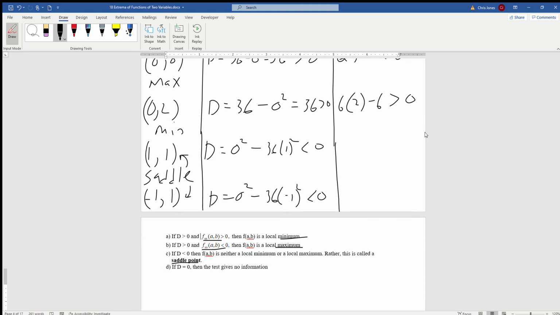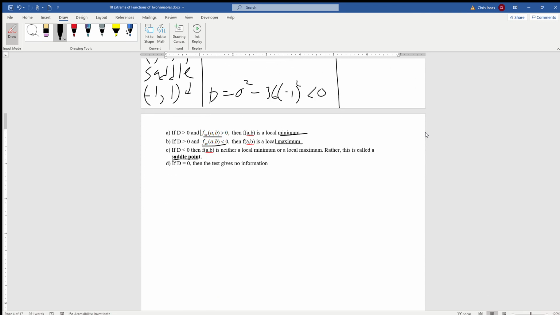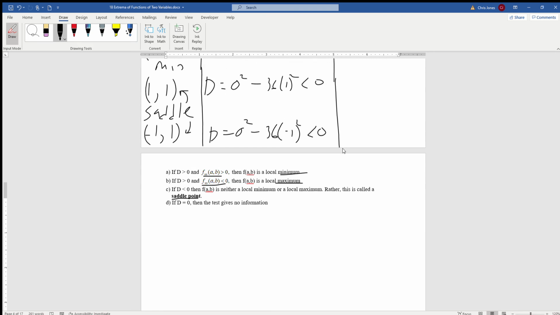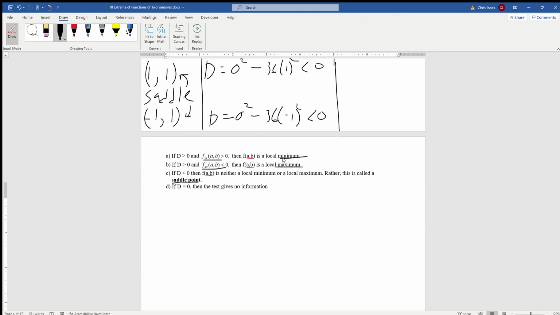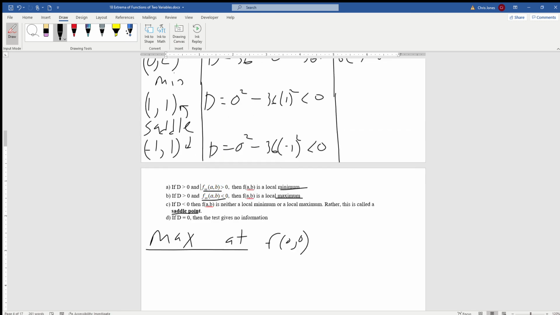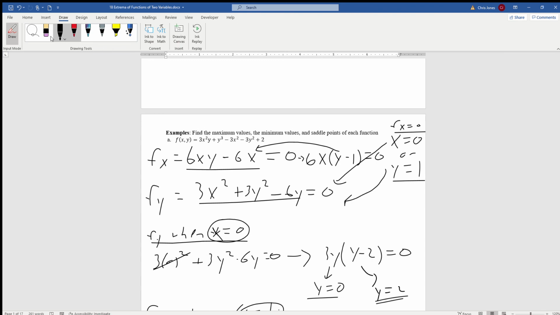We could probably get the ordered triples if we wanted to by plugging them back into the original function. So let's just do that. So first of all, remember there was a max at 0, 0. So there's a max at f of 0, 0. And if you remember way back, our original function was this guy right here.